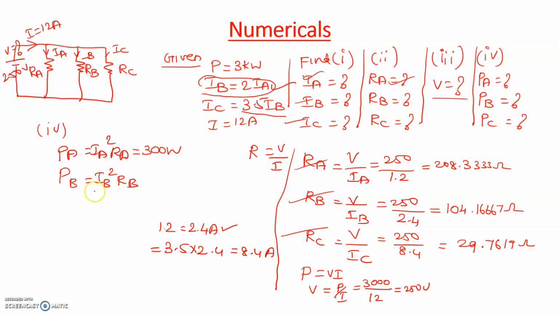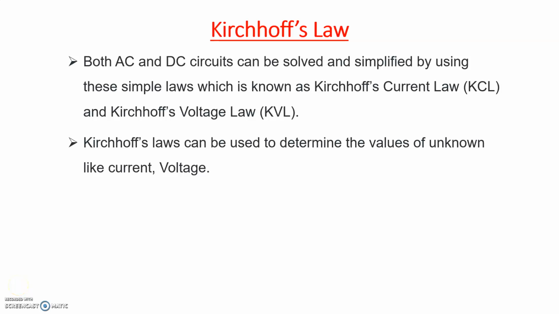The value of IB is 2.4, so 2.4 squared into RB, 104.166, which is equal to 600 watts. And PC is equal to IC squared into RC. That is 8.4 squared into 29.76, which will be 2100 watts.